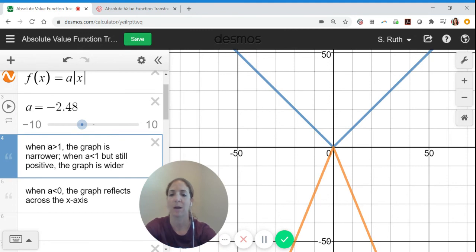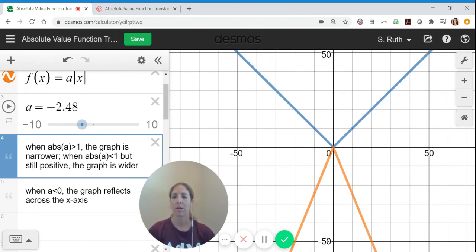So I could actually say when the absolute value of A is greater than 1, the graph is narrower. When the absolute value of A is less than 1, the graph is wider. So that's about not just picking the graph up and moving it left, right, or up and down, but now it's more about what we would call compressing or stretching the graph.